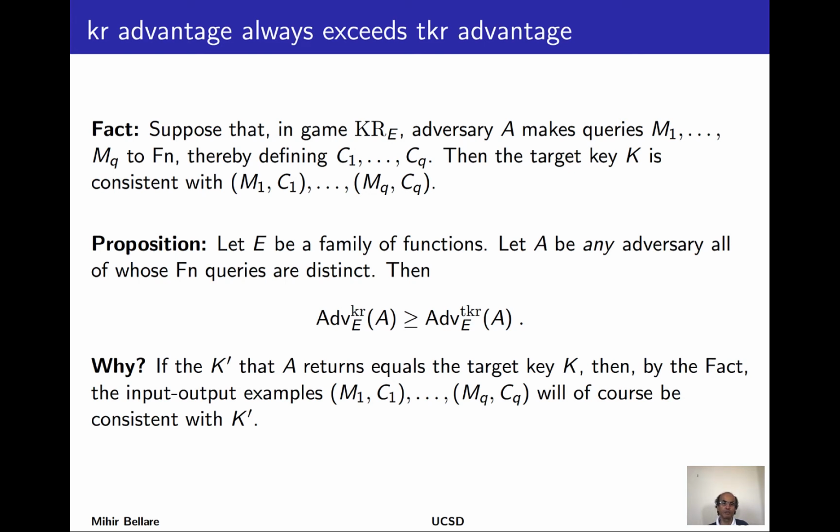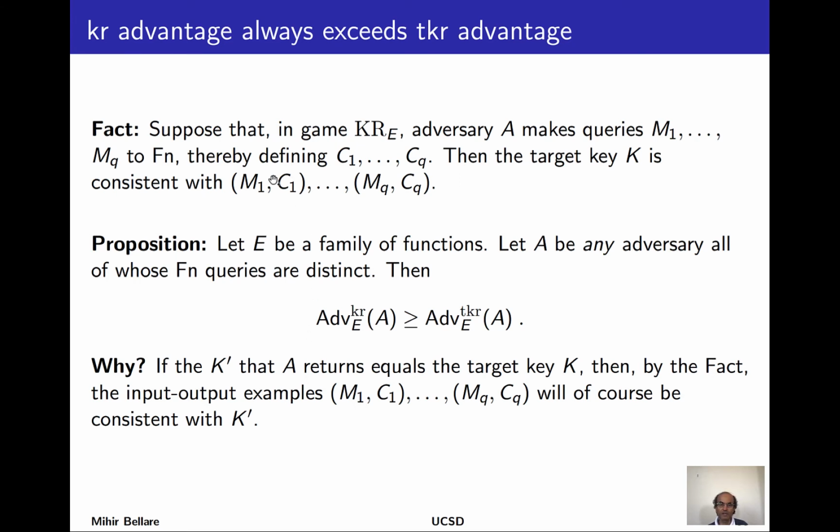Why is this true? Well, consider the consistent key recovery KR game, and suppose the adversary made certain queries to the Oracle FN and obtained certain ciphertext. Now, look at what possible keys the adversary wants to output. It wants to output something consistent with that sequence. What are its choices? Well, there's one choice that's very obvious, which is the target key.